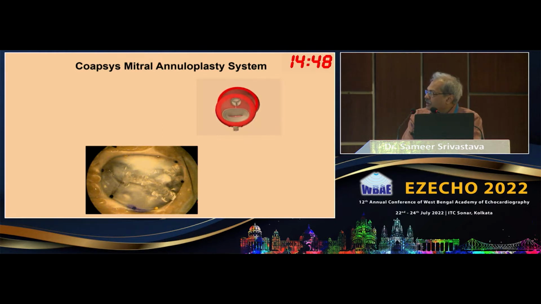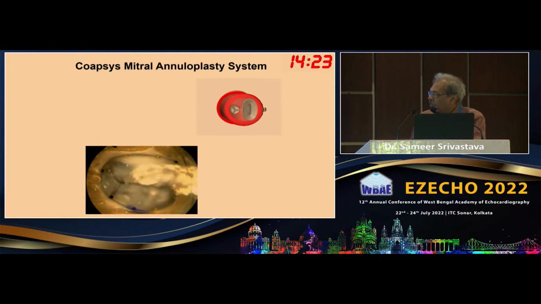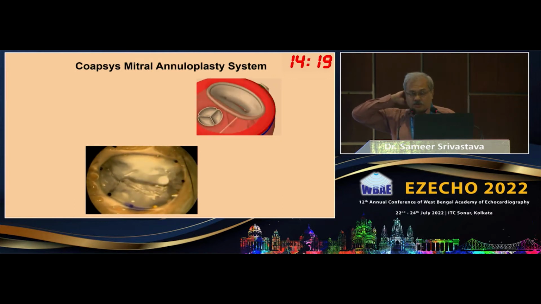If you look at this, this is the area of non-coaptation here. This is the cord which runs right across from the center, and as they pull it, the coaptation will come closer, and how it is monitored is by looking at the jet, which keeps reducing as you keep pulling the cord and lead to coaptation.